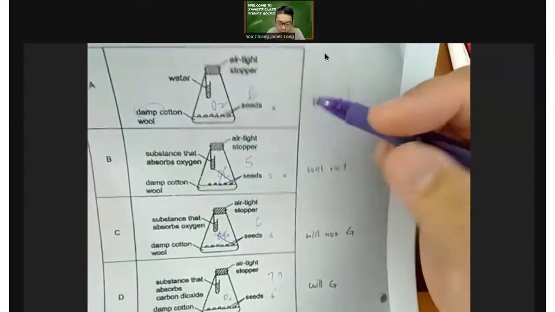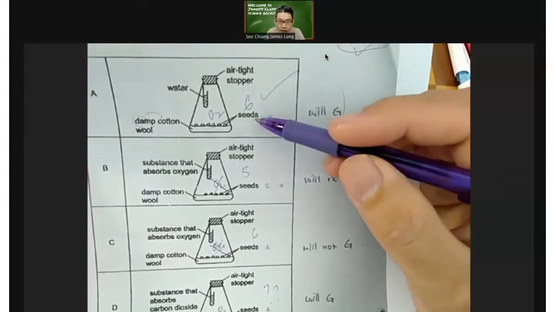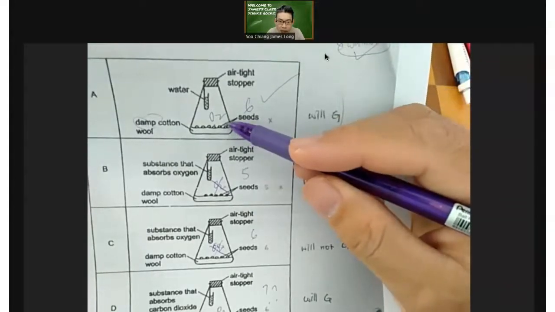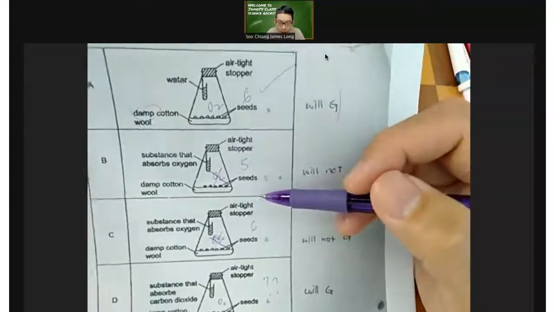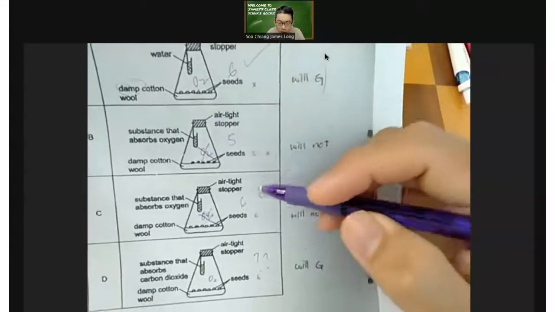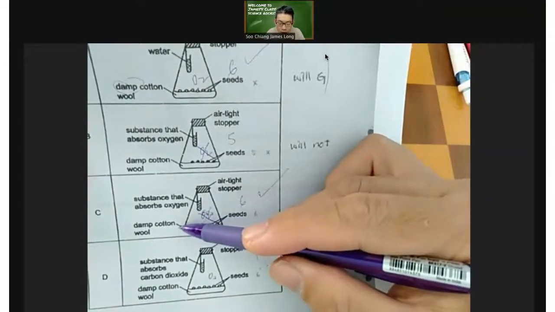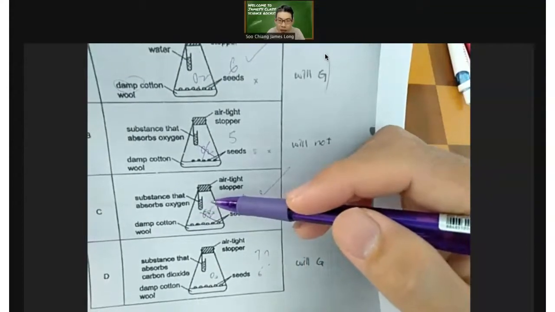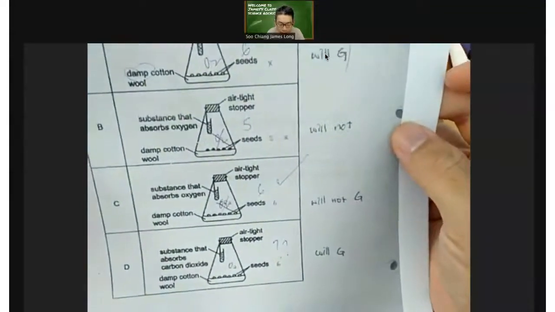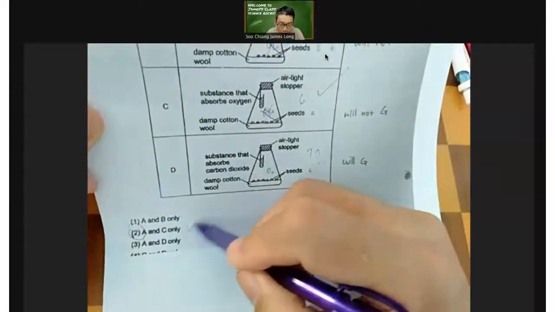So here I would say that I will be using A, the one with 6 seeds, in the presence of some oxygen and water, compared to the other one, which is C, with 6 seeds also, but with water present and no oxygen, because this substance is absorbing the oxygen. So the answer is A and C. I agree with you. Answer should be 2.